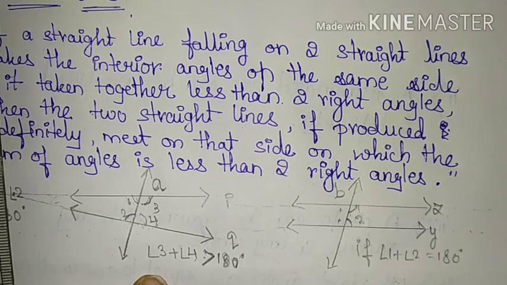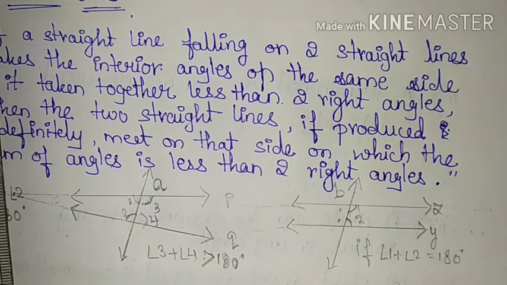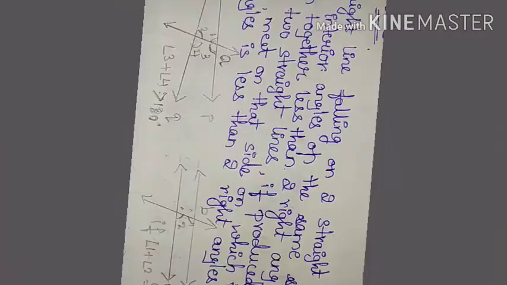They will never meet. Okay, so when the sum is less than 180 degrees, they will meet. When the sum is equal to 180 degrees, they are parallel. When the sum is greater than 180 degrees, they will never meet, but they are not parallel lines. This is Euclid's fifth postulate.